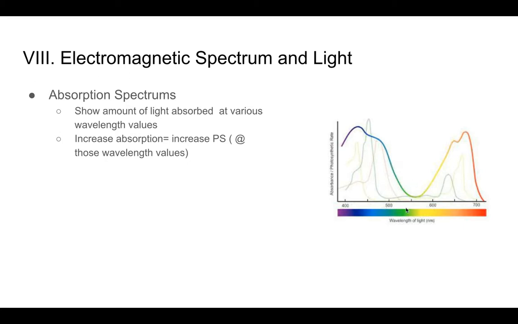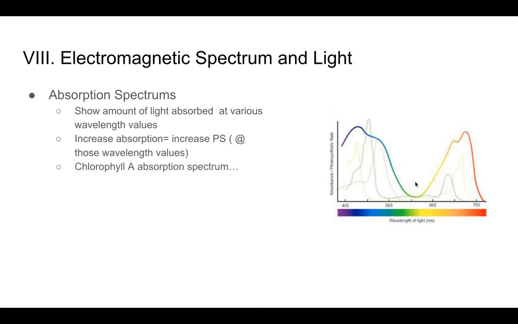It's just not great at absorbing these, and so these are reflected back to us. But it's really great at absorbing here and here, which is probably why chlorophyll A is the primary pigment in photosynthesis, because it's so good at capturing lots of different wavelengths of light for that process of photosynthesis.